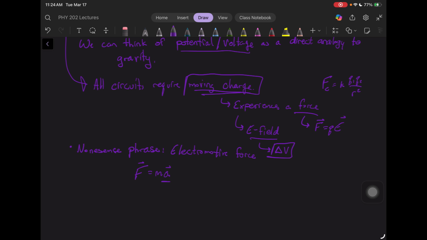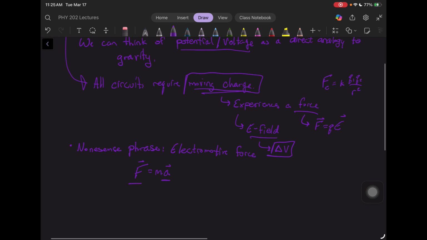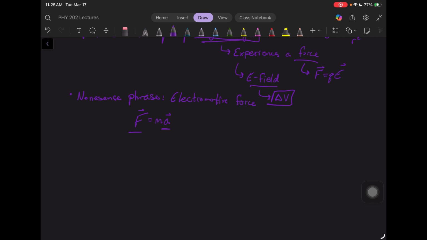And so if we're getting motion and acceleration, there has to be some force at play. And so they just said, the battery is a force. They didn't know all the details of what was going on in there, but they just said, I don't know, batteries are full of force. They gave it their best shot. And so electromotive force is an outdated phrase, right? People still use it because it's conventional. It's what everyone's been using forever. But just because something's been around a while doesn't necessarily mean it's good or correct.